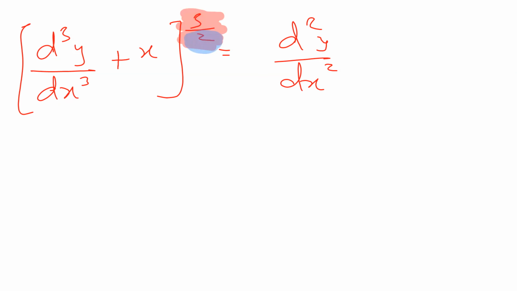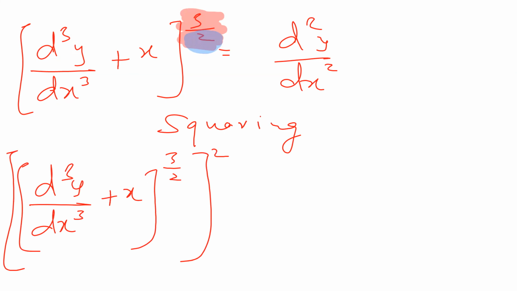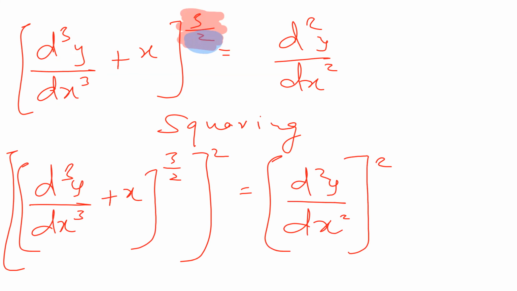To eliminate this, we have to take the second power on both sides, or simply square both sides. So when we square d cube y by dx cube plus x, raised to 3 by 2, raised to 2, is equal to d square y by dx square raised to 2. We have squared both sides, so this 2 and 2 get cancelled, as per laws of indices.